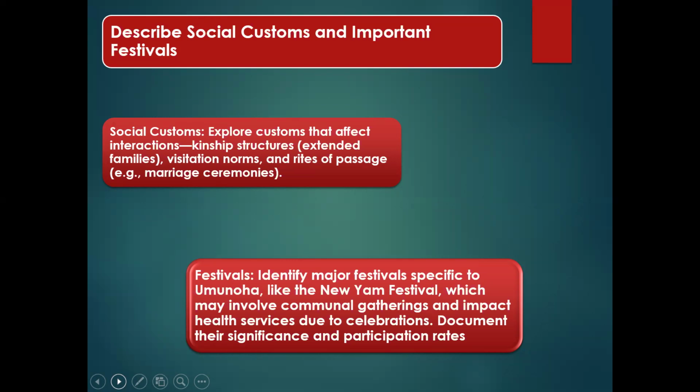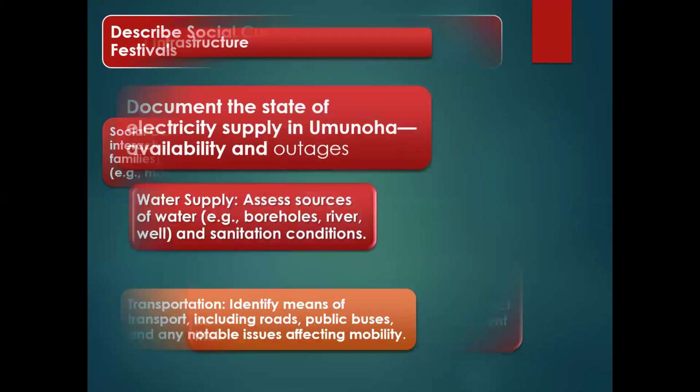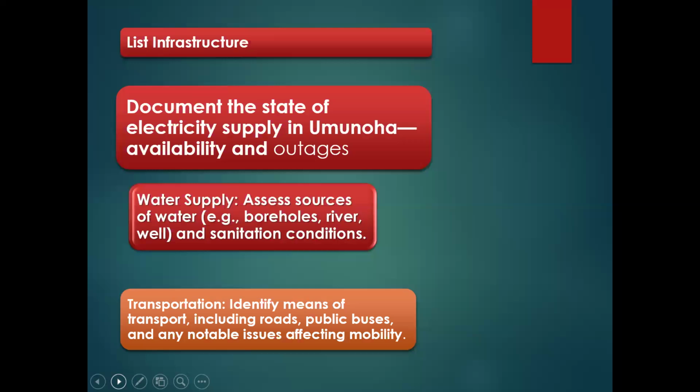Or are they improving? Or are they a new threat? They look at festivals, like major festivals in that community, New Yam festivals, masquerades, and all of that. And what are the important ones? Do these people hold them? These are things you look at, because it can possibly be one of the things affecting their health.